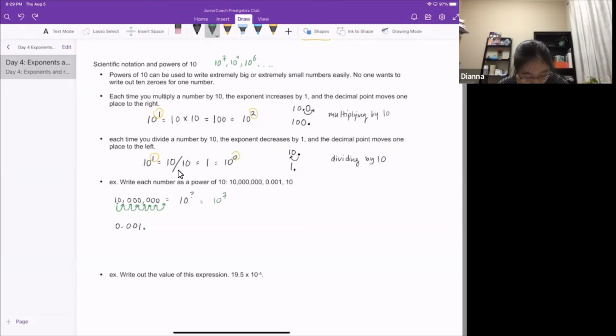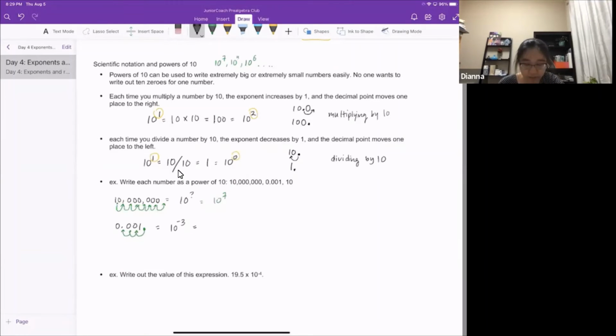Well, starting from this point, I divided by 10 1 time, divided by 10 2 times, divided by 10 3 times, right? In order to get to this decimal point. So if I divide by 10 three times, that's actually going to give me 10 to the negative 3.